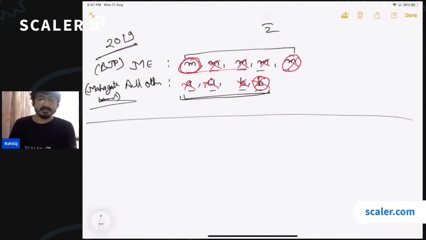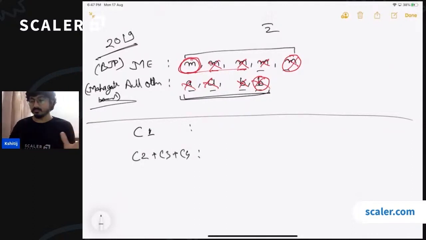Another analogy could be that there are 3-4 countries, and 3 countries are fighting against one country combined. So there is a country C1, there are countries C2 plus C3, and let's say C4. Now C1 has got the majority of soldiers.